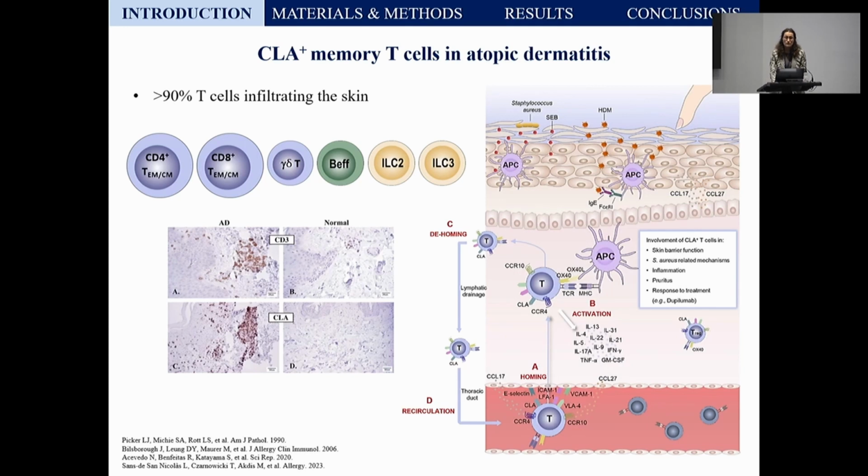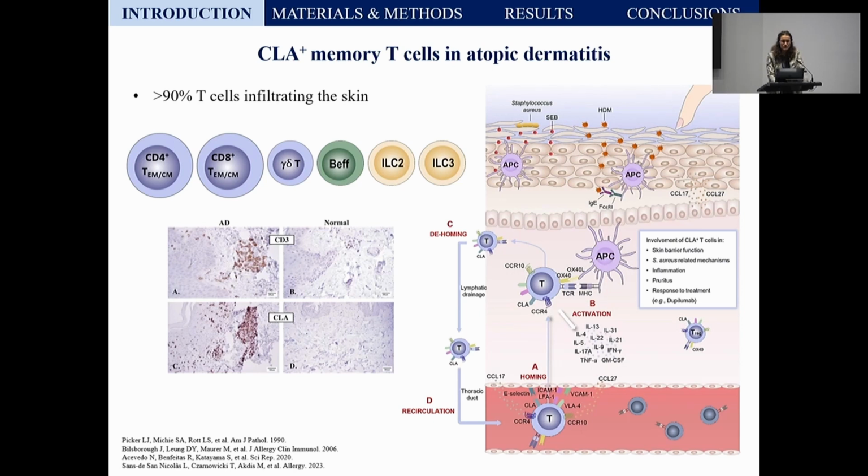CLA stands for cutaneous lymphocyte-associated antigen, which is an adhesive molecule present in more than 90% of T cells infiltrating the skin, but it's nearly absent in T cells infiltrating other non-cutaneous tissues. It is primarily expressed by CD4 and CD8 memory T cells, although it is also present in other immune cells.